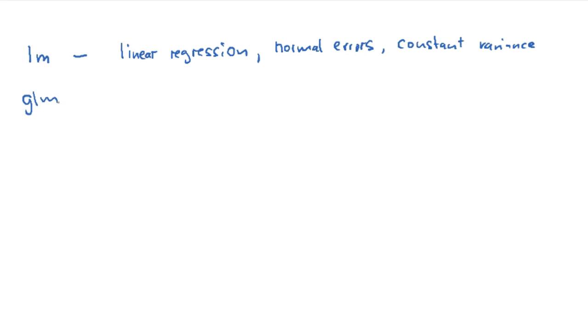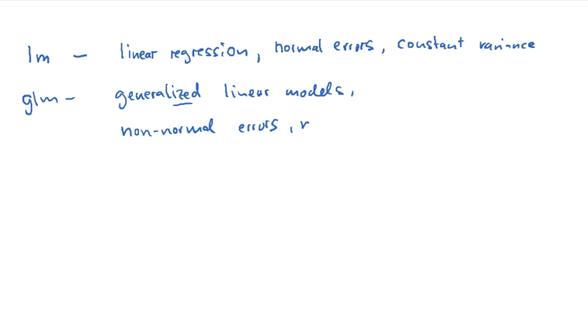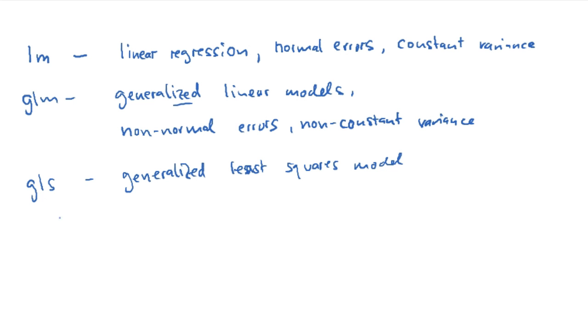First is to use GLM, which fits a generalized linear model with non-normal errors and non-constant variance. And finally, the GLS function fits a generalized least squares model, also with the same properties as the GLM, and especially useful if you have correlated errors or if you have spatial or temporal trends, patterns or trends in your data.